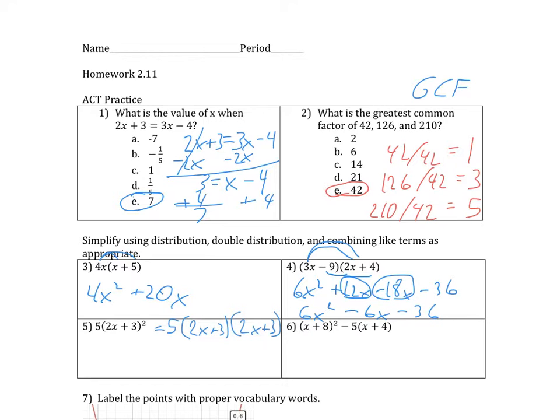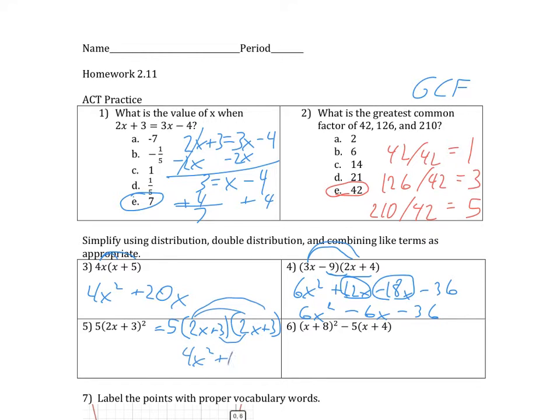At this point, you could distribute the 5 into this first set of parentheses, but I'm not going to. Again, I'm just going to leave that sit out for a while. I'm going to go do distributive property here. 2x times 2x is 4x squared. I'm going to do a 2x times 3, which is a 6x, and another 3 times 2x, which is another 6x, just to save myself some effort.